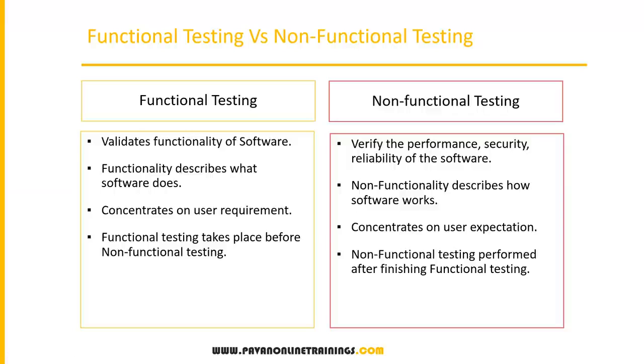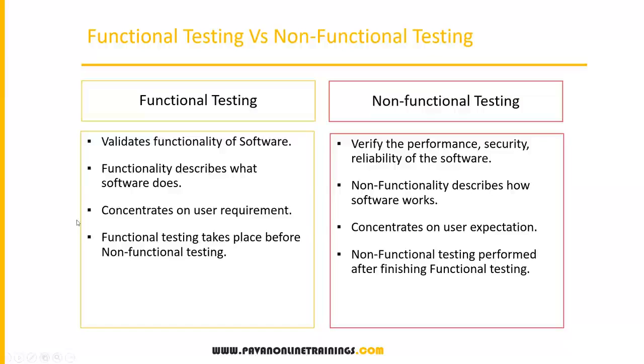Functional testing concentrates on user requirement, but non-functional testing concentrates on customer expectation. And functional testing takes place before non-functional testing, which is performed after finishing functional testing. These are the differences between functional and non-functional testing.